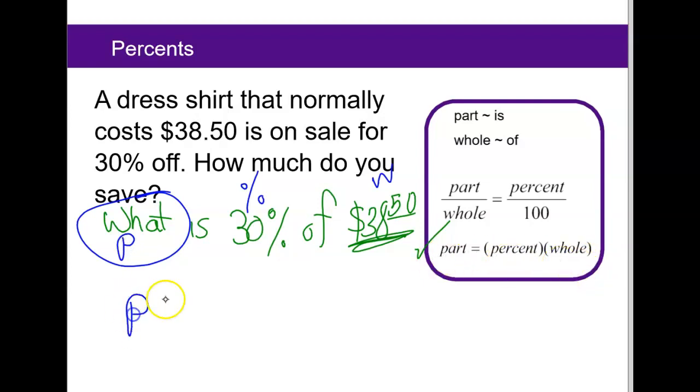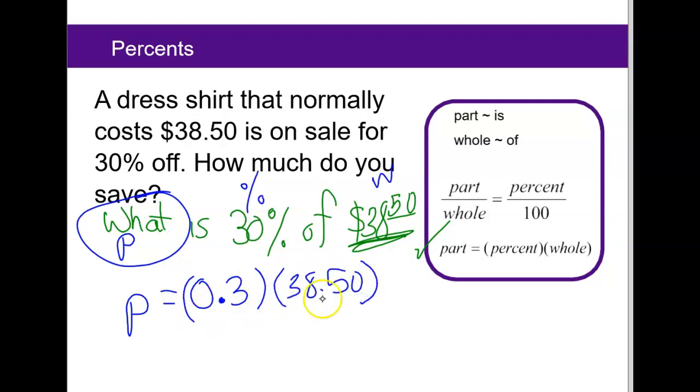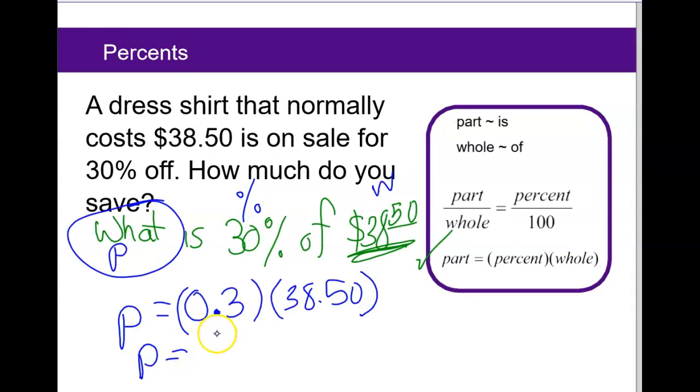What I don't know, the part, is equal to the percent, 0.3, I'm going to change that to a decimal when I multiply by percent, times the whole, which is $38.50. And when we multiply that, we find out that that's equal to $11.55. That's the part. So you're saving $11.55 because that represents 30% of $38.50.